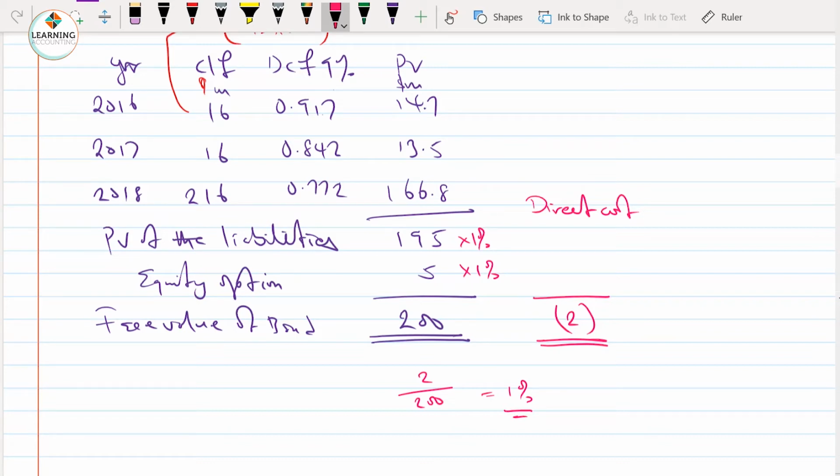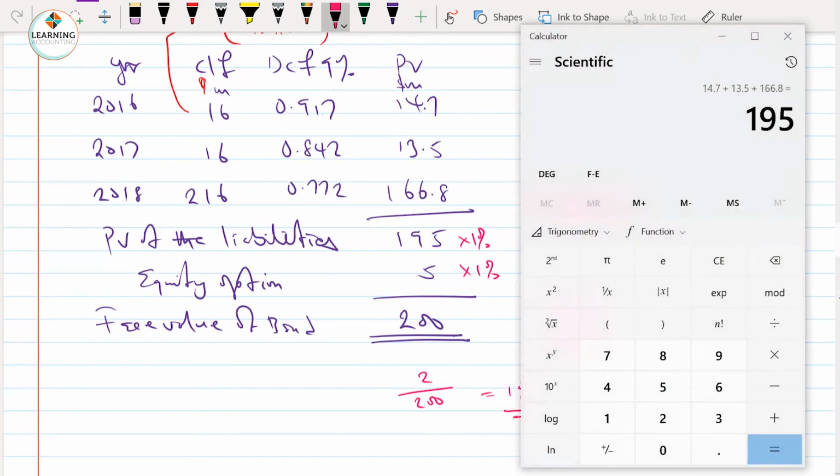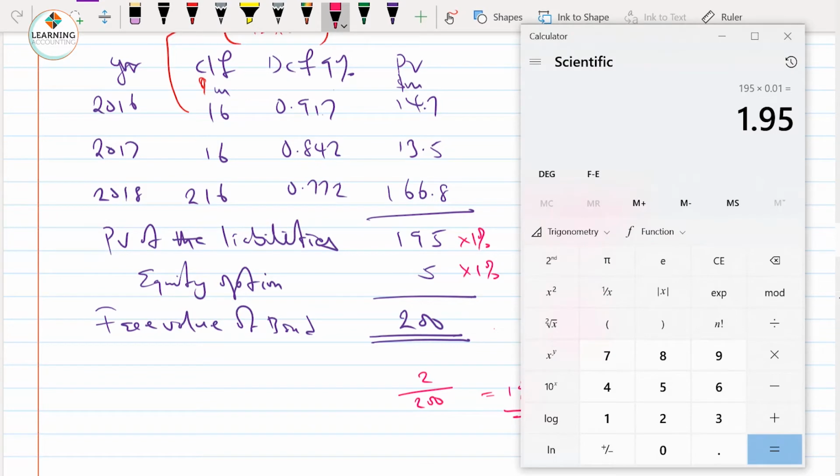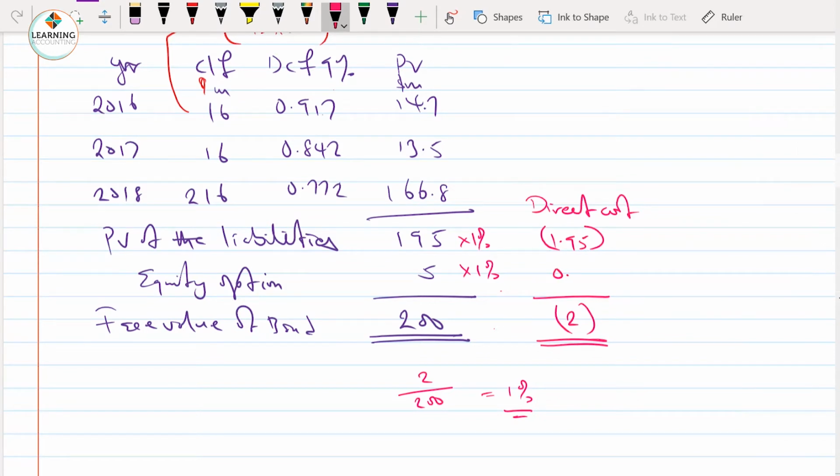So 195 multiplied by 0.01, which is the 1%, we have 1.95, in brackets, and we also have 5 times 0.01, which gives us 0.05. So we can subtract to get our opening balances.